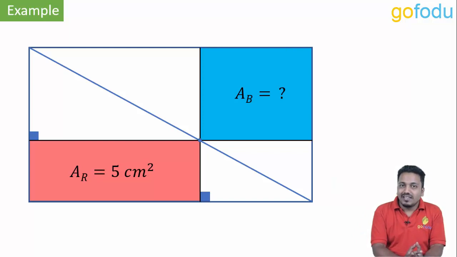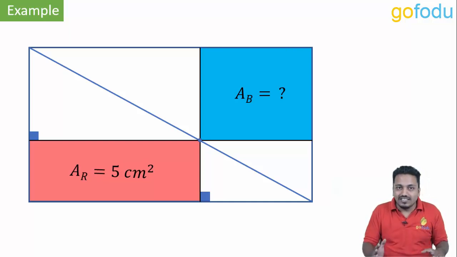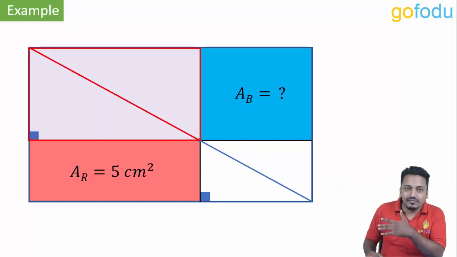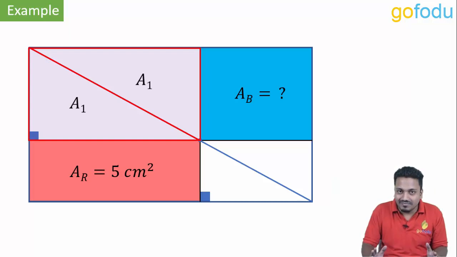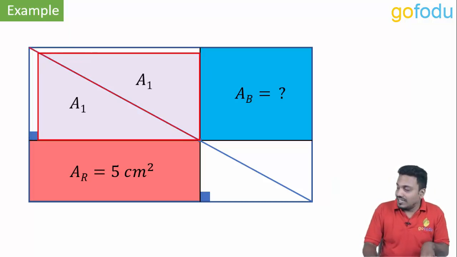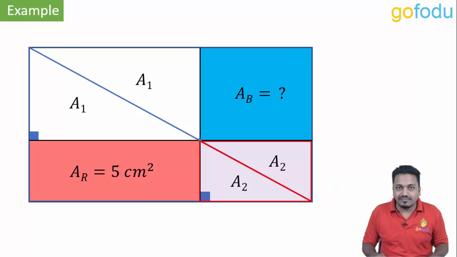So here, a point is taken on the diagonal and perpendiculars are drawn to the sides. Area of red region is given, blue is to be found out. Look at this rectangle. The 2 triangles separated by the diagonal have equal area, right? Same will be the case for this small rectangle. The 2 triangles will have equal area.